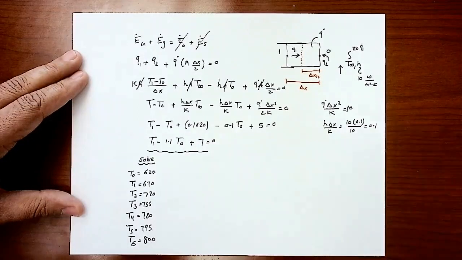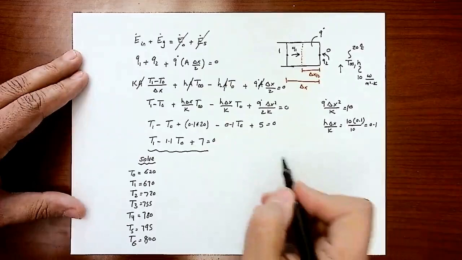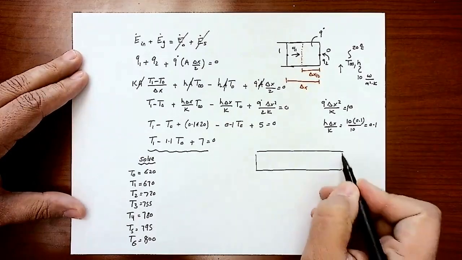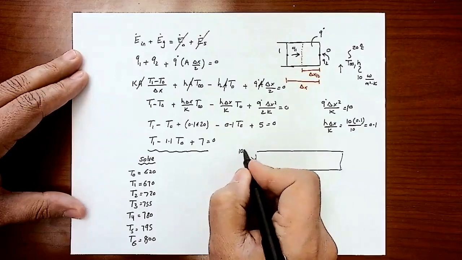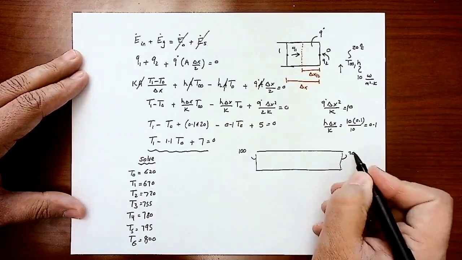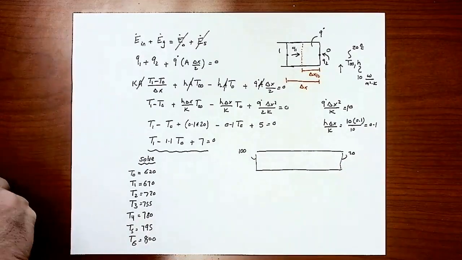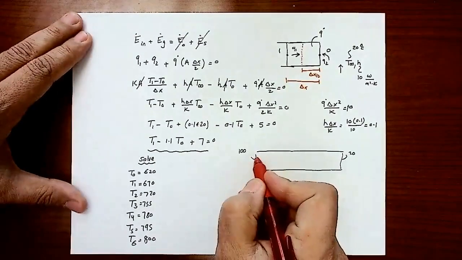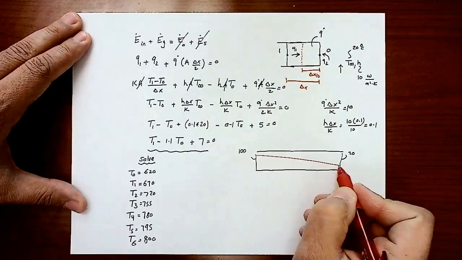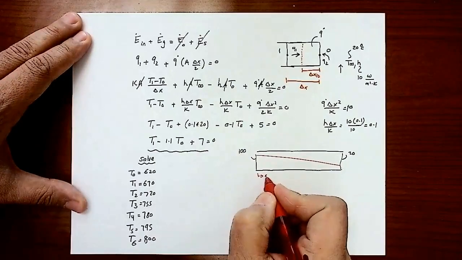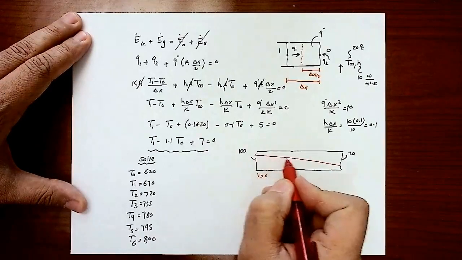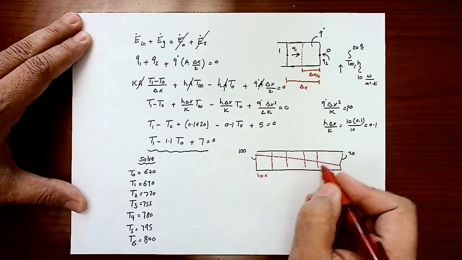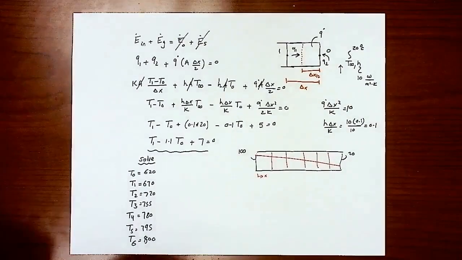So let's recall what we did before. In the first example, we had that one-dimensional bar with 100 degrees here and 20 degrees here, right? And we were able to see that the temperature distribution was very simple, linear, right? If this is my x-axis and this is the temperature, there was a linear change in the temperature, very consistent with the slope of that line.